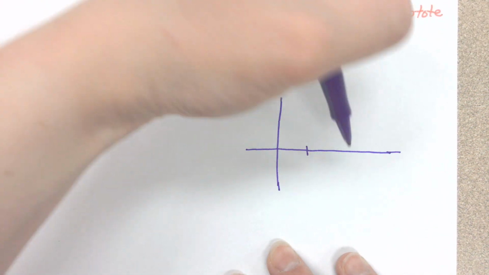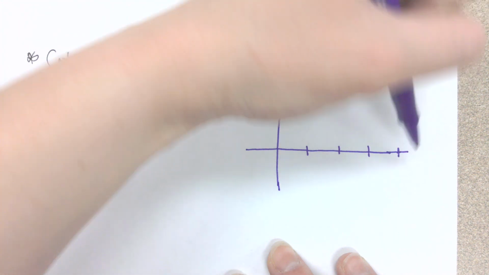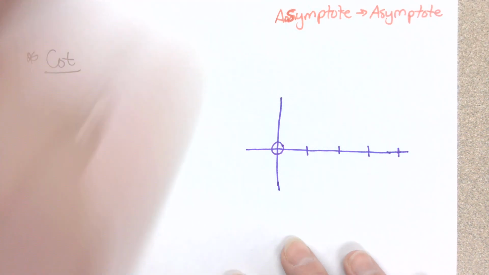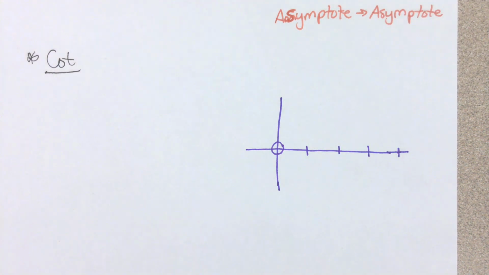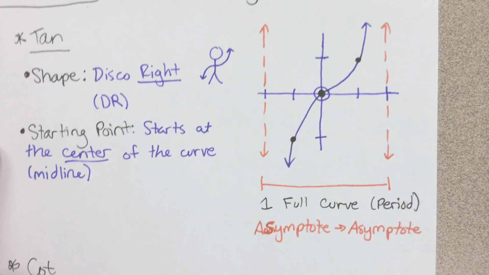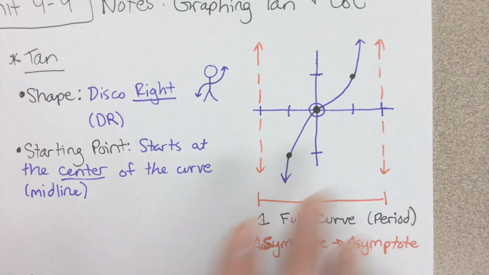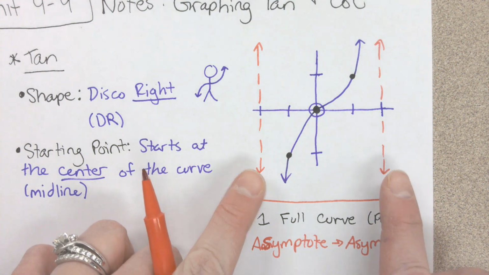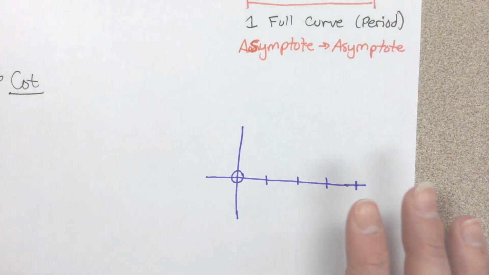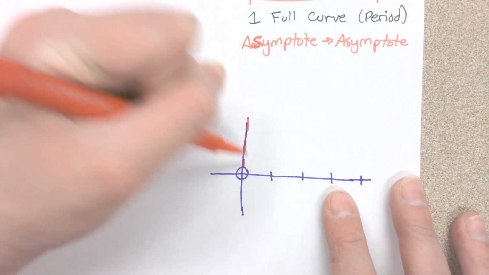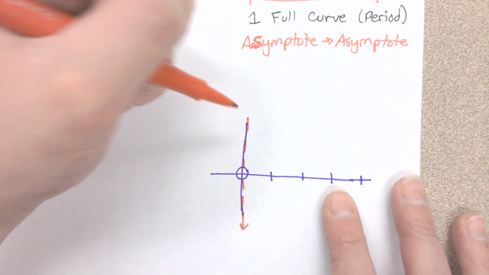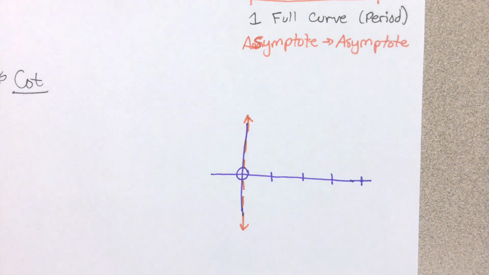And we'll go out our 4 intervals per usual, starting at the origin. Just like the tangent, there's going to be a lot of similarities here. The kind of outline is going to be the same, how you're going to have an asymptote on the far left and the far right. So that means when we start, we're actually starting with the asymptote and not at the center of the curve.